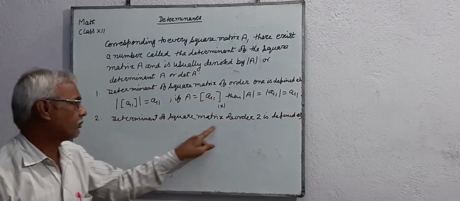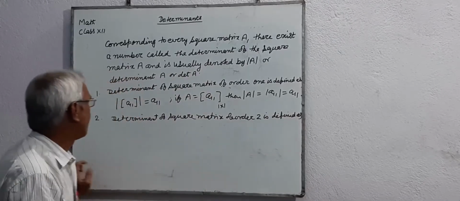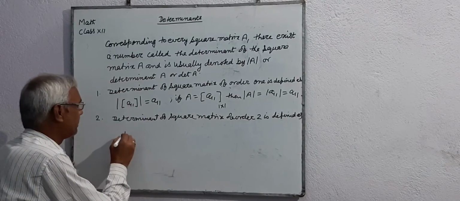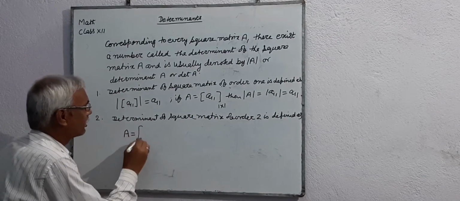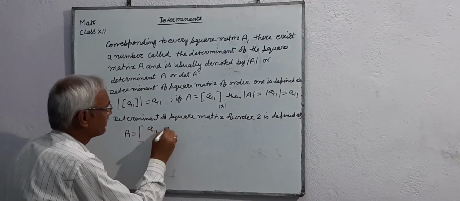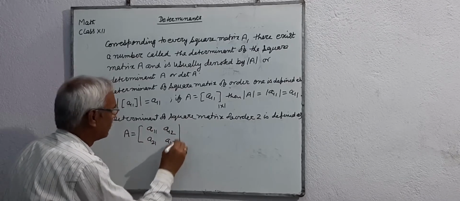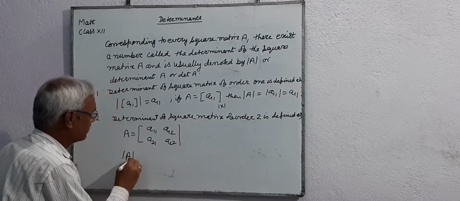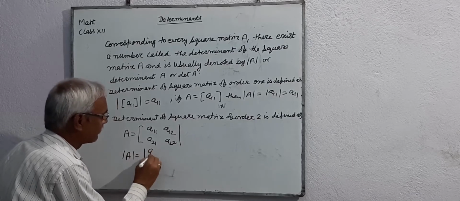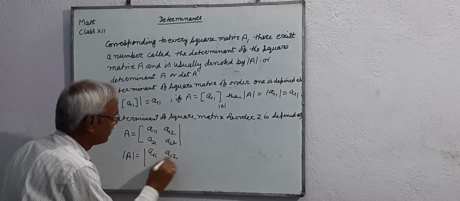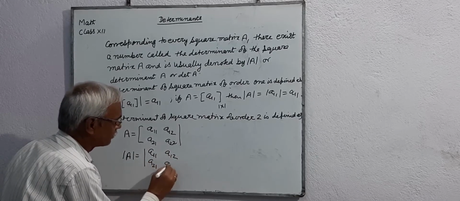Similarly, the determinant of a square matrix of order 2 is defined as follows. If A is a square matrix of order 2 with elements A11, A12, A21, A22, then determinant of A equals the determinant with rows A11, A12 and A21, A22.